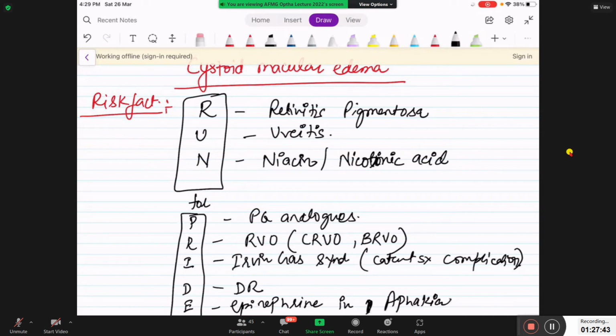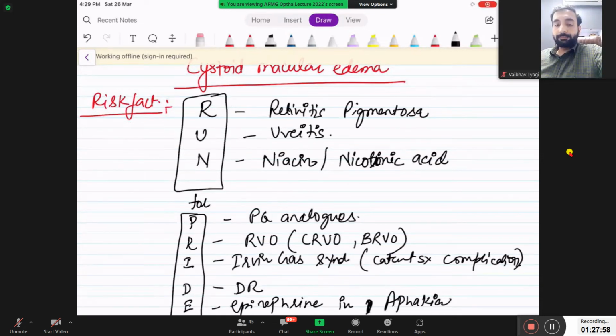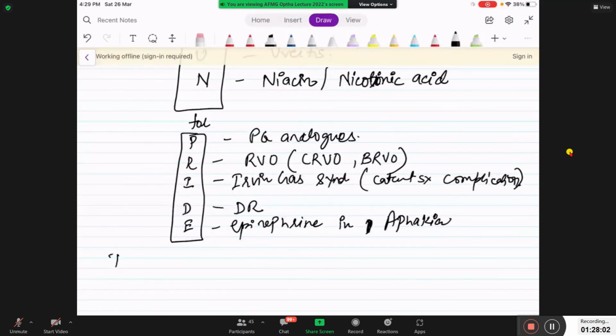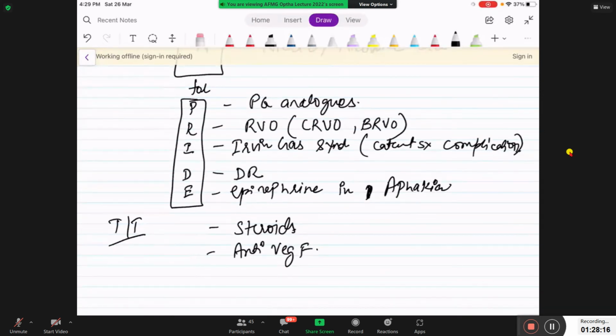Aphakia means absent lens. So these are the risk factors for cystoid macular edema. Talking about treatment of cystoid macular edema, we give steroids and anti-VEGF injections.